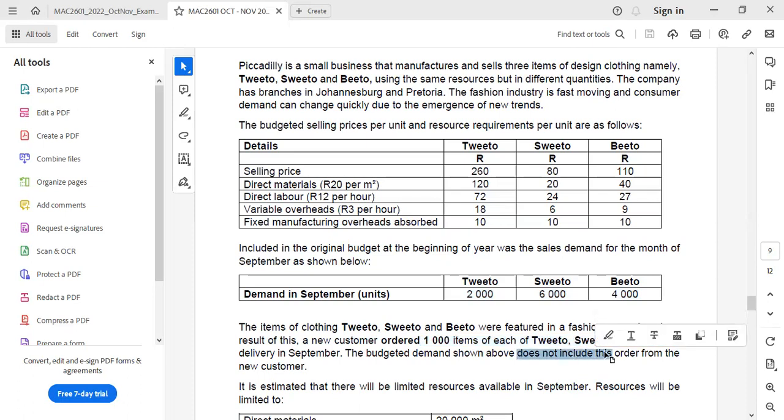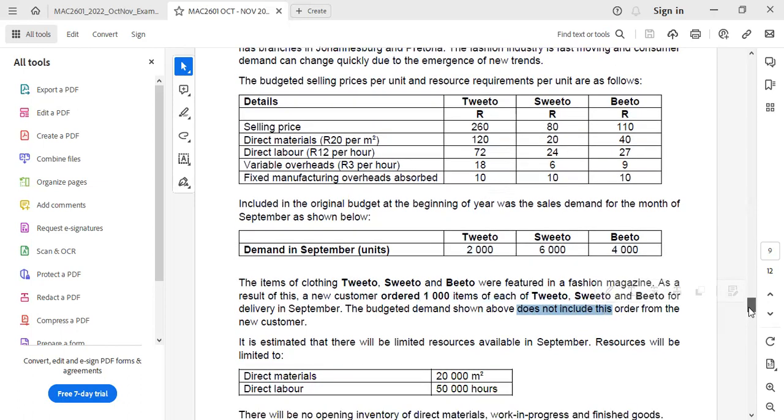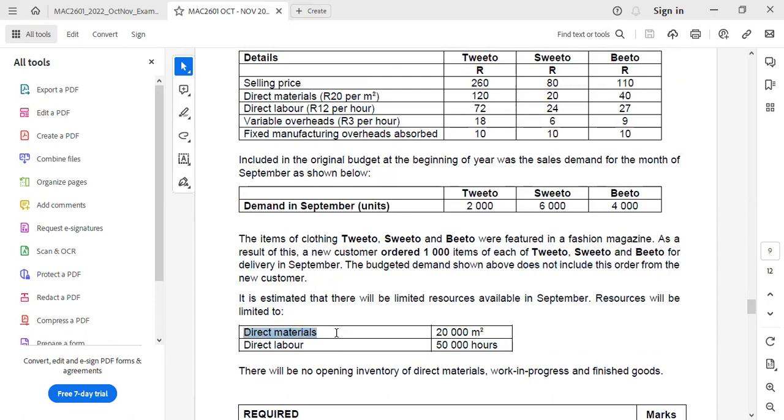So when we do our analysis, let's remember that the total units are actually plus 1,000. First of all, let's assess whether the direct material is a limited resource or not.